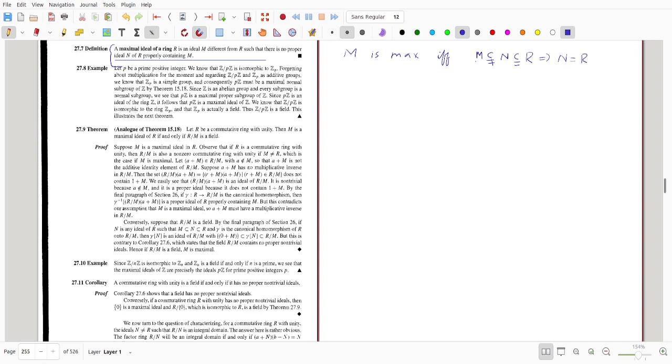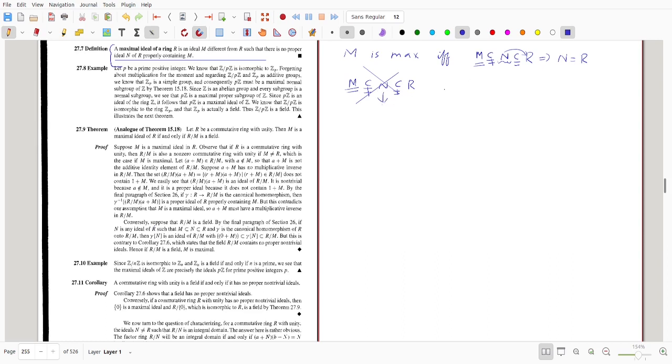See? This is the largest ideal. You can say that there is no proper ideal which properly contains m. If there is any ideal which properly contains this m, then that ideal is nothing but r. The other way you can say it is that whenever there is an ideal n with m contained in n contained in r, this is not possible. This kind of ideals will not be there for a maximal ideal. If m is maximal, there does not exist such an ideal n.